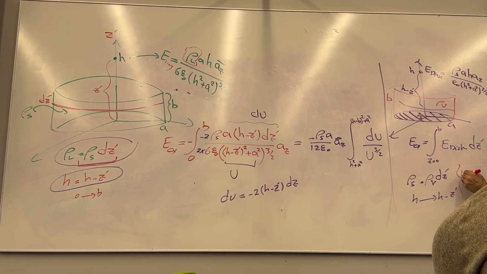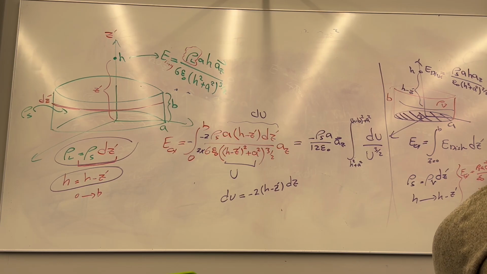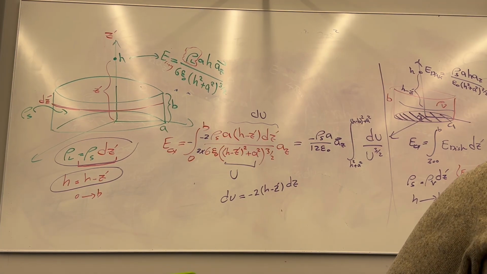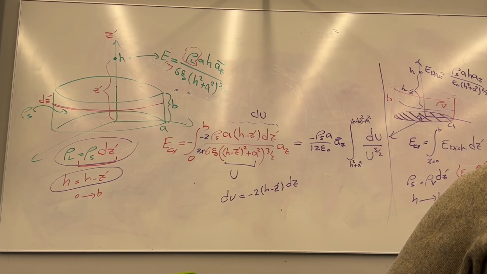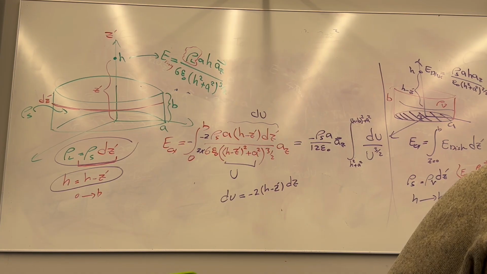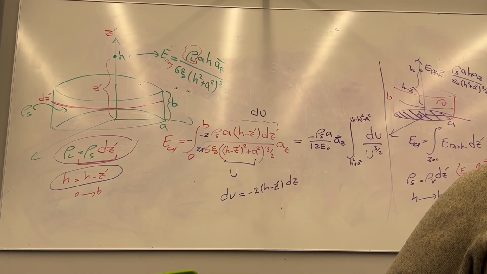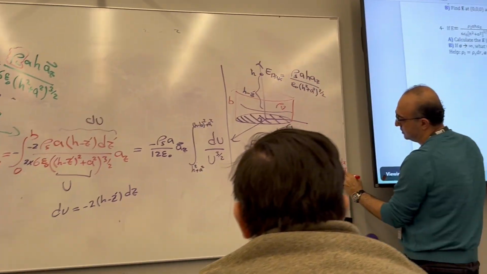Eventually, the electric field of the cylinder is going to be rho s a z over epsilon 0, the integral of 0 to b of h minus z prime dz, dz is coming from here, over h minus z prime squared plus a squared to the 3 over 2.